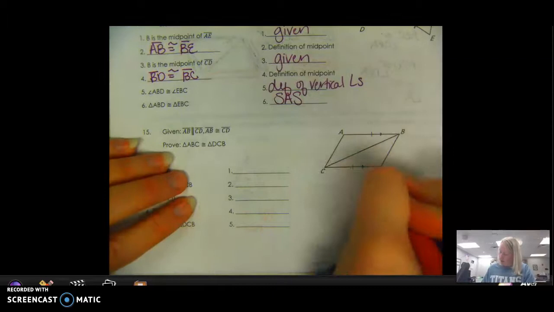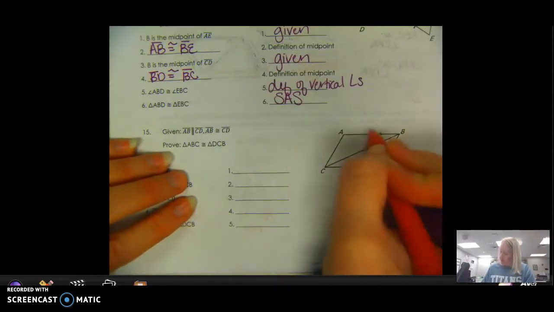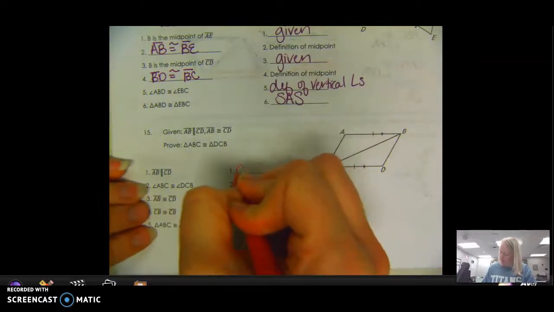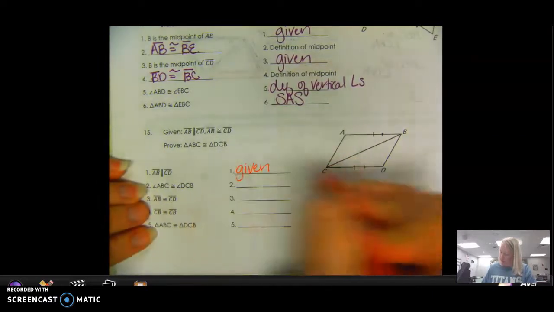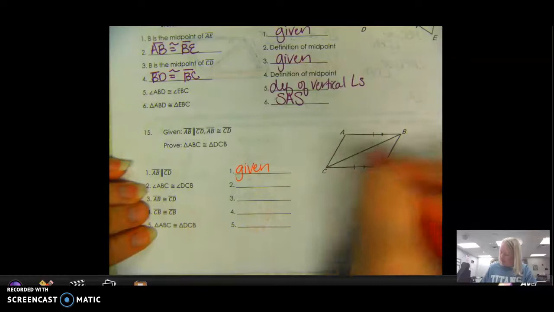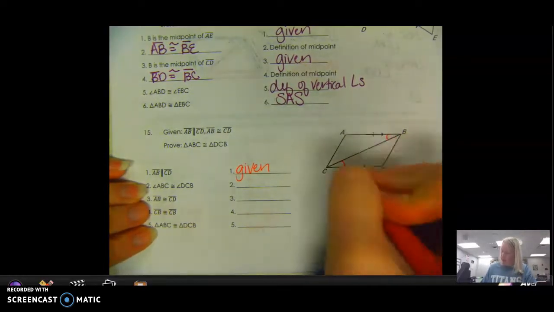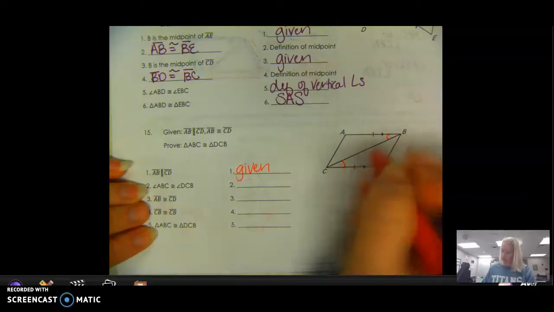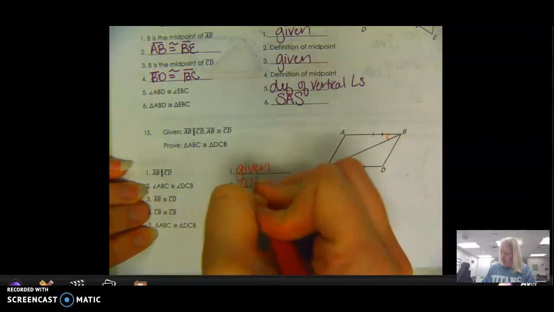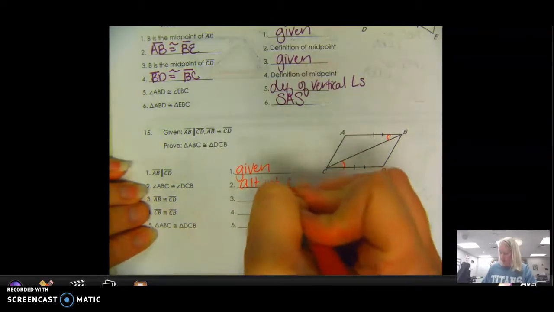A to B is parallel to C to D. They did the marking of the arrow. A to B is congruent to C to D. They did that marking. So this is given because they are parallel. A to B to C, this angle is congruent to D to C to B, this angle. Well, those are parallel lines, transversal, so that would be alternate interior angles theorem.